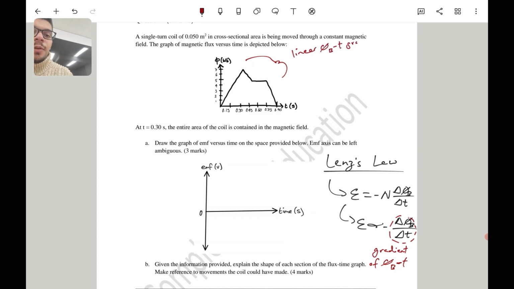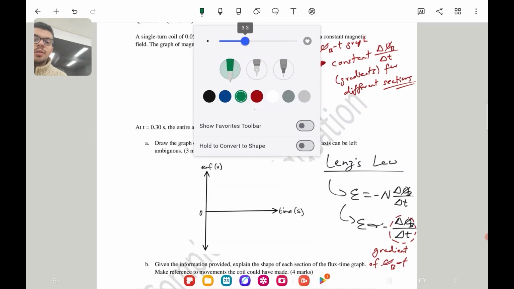It's not a curve. Because of this, you'll end up with a constant delta flux over delta t, or constant gradients for the different sections. So let's divide our flux time graph into different sections.